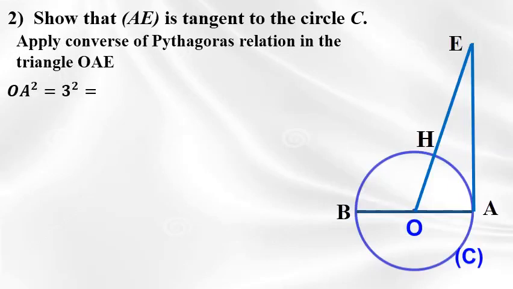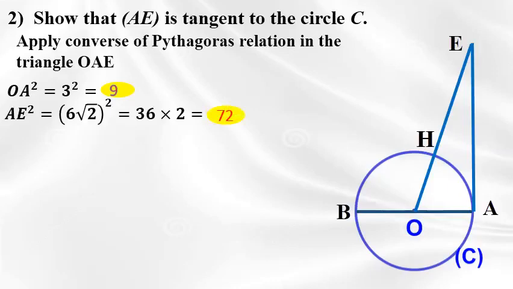So we have OA squared is equal to 3 centimeters squared, which is the radius of the circle, which is 9. And AE squared is equal to 6 square root of 2 squared, which is 36 times 2, which is 72. And then we have OE squared is equal to 9 squared, which is 81.